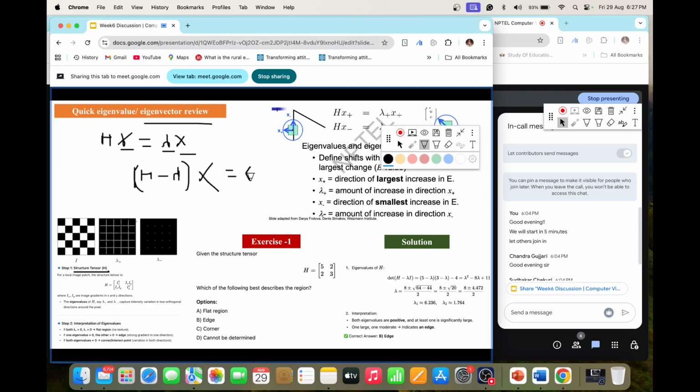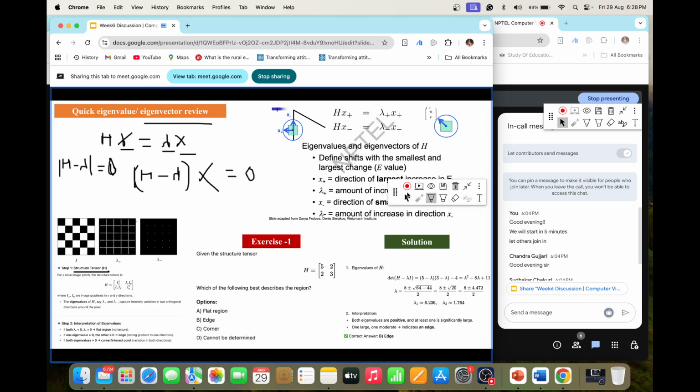So if we take the determinant, x cannot be 0 because it is a vector or direction associated with it, but the determinant will be 0. So the determinant of H minus lambda will be equal to 0. By this you can find lambda, the eigenvalues associated with your structure tensor matrix.